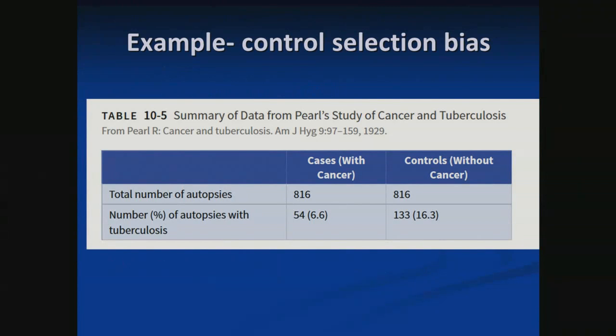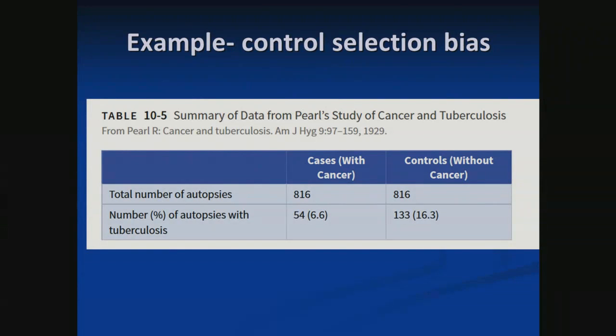What they did was look at about 700 consecutive autopsies at Johns Hopkins. Every time they got to a case, which in this case was cancer, they'd pull it out. Out of that list of consecutive autopsies, they found 816 cases, autopsies that had indications of cancer.